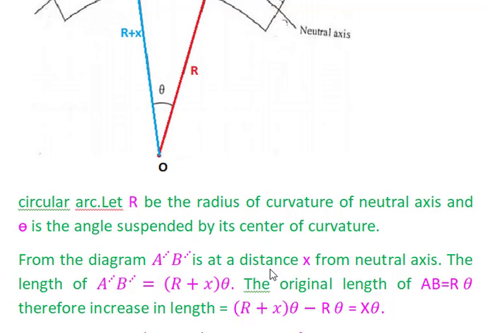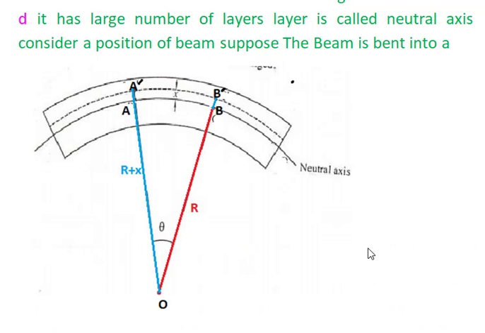From the diagram, A'B' is at a distance x from the neutral axis. The small x is the distance between B and B'. So another layer is at A'B' at a distance small x.